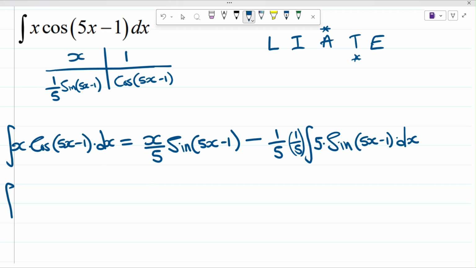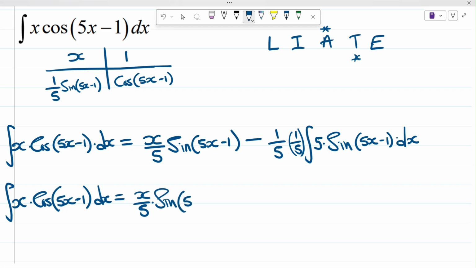So let me continue copying everything here. So the integral of x cos of 5x minus 1 dx equals x over 5 sine of 5x minus 1 minus, now I integrate this.